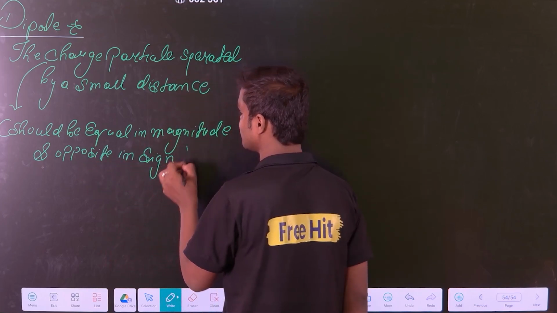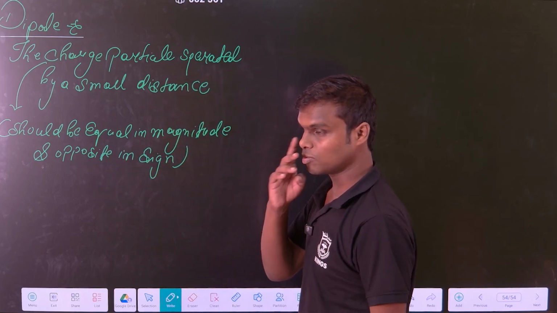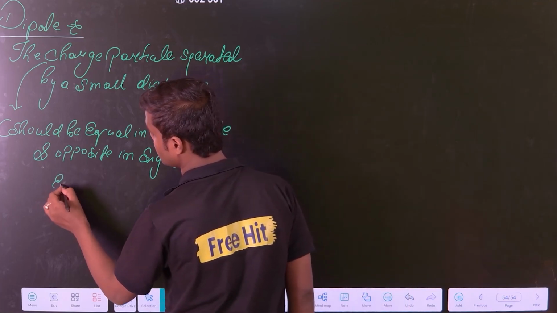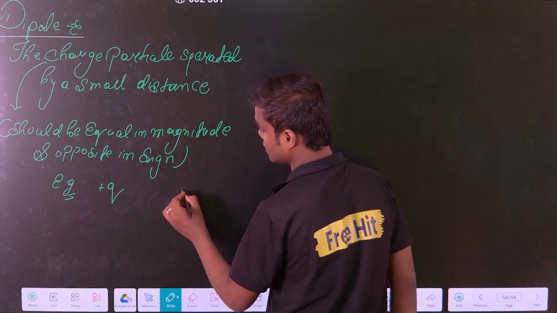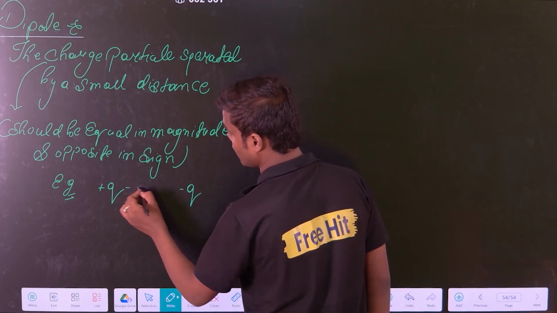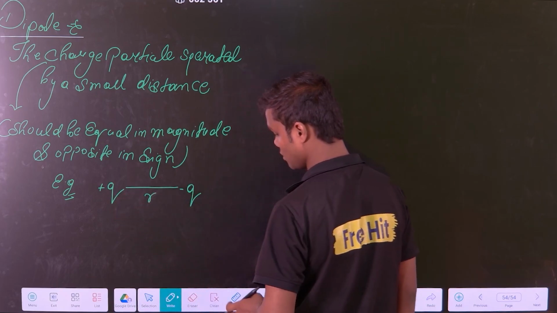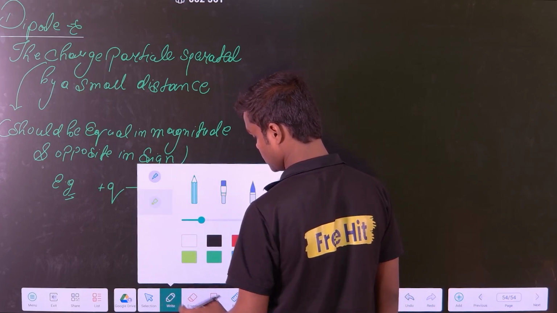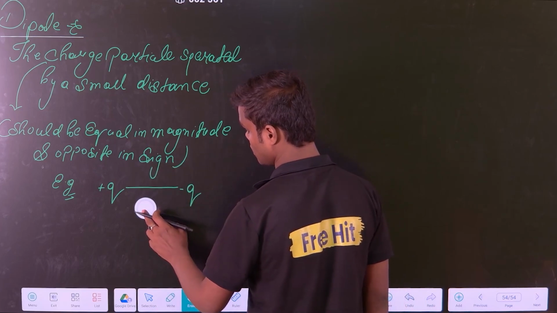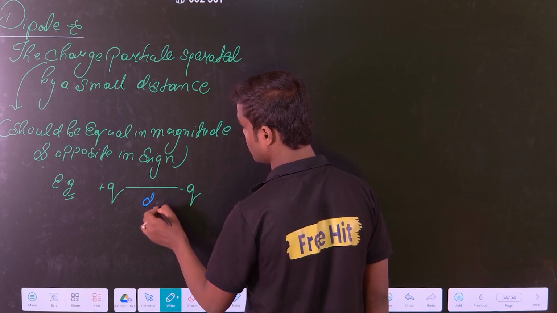Charge doesn't have a direction. Charge is a scalar quantity. Opposite in sign. For example, this is my plus q, and this is my minus q, and the distance between them is d.